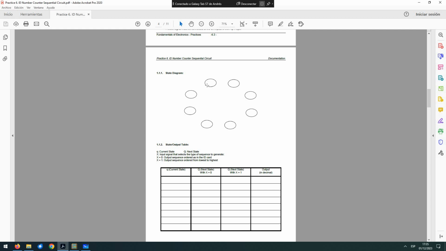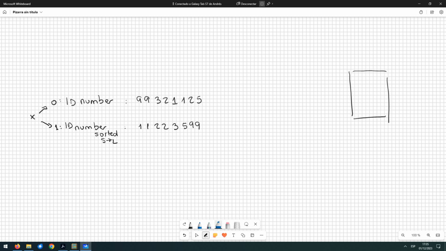In a Moore machine, here we are going to have the state and the output for this state. So, for example, if we have states A, B, C until H, imagine that first state, for example A, and the output is my first digit. Now, second state B, the output is going to be my second digit. Third state C, my third digit.